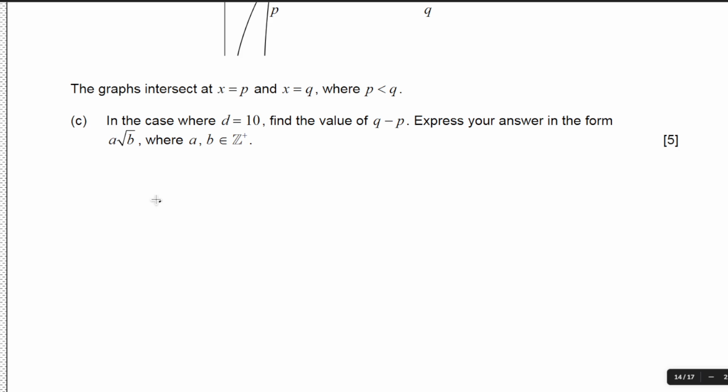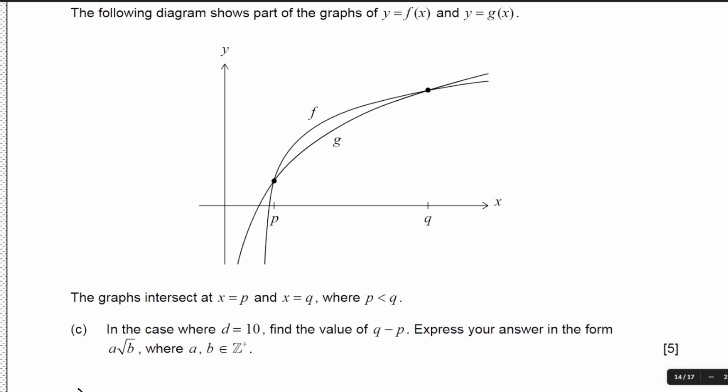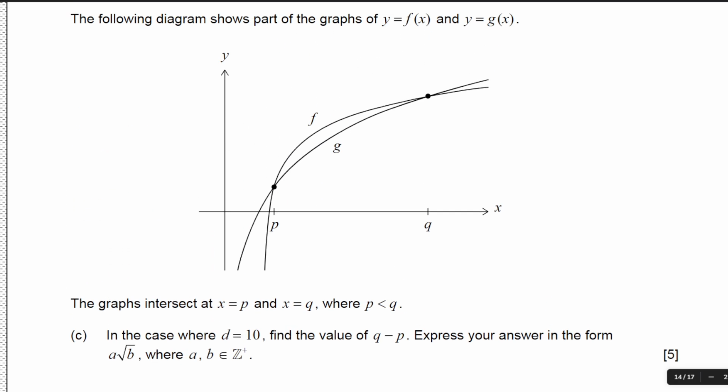Okay, so for this one here, we have to think about this a little bit more logically. What is q minus p? Well, let's first define q and p. Q and p, as we can see from this graph right here, are the two distinct roots where f and g intersect. So now that we realize that, we're actually trying to find the x's right here and here.